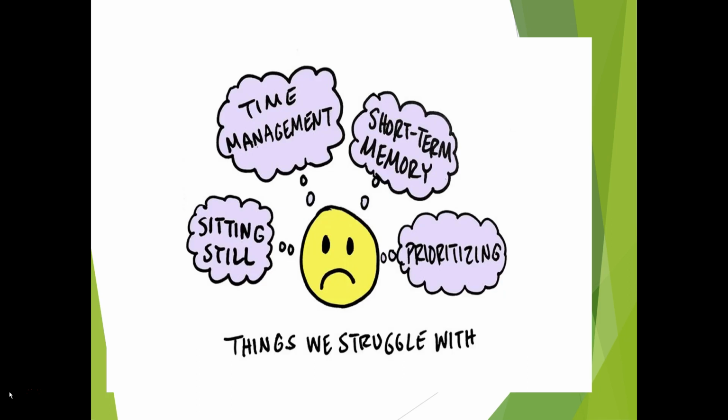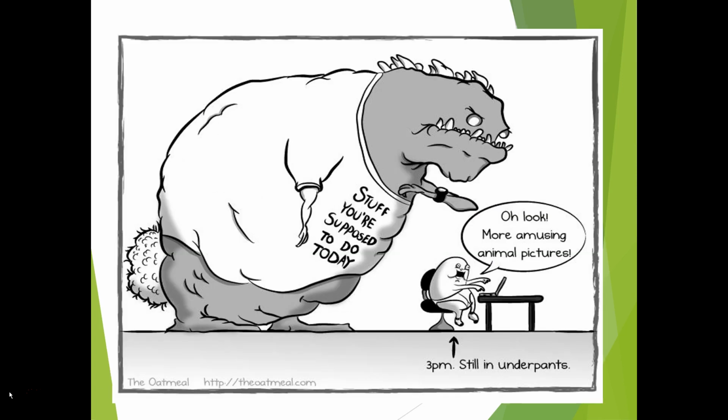Here's another comic strip showing what things we struggle with: time management, sitting still, short-term memory, prioritizing. It's a little capsulization of what is going on. And this one is really interesting. There's a huge, enormous monster or dinosaur of stuff you're supposed to do today, looming over this tiny little person, and it says, oh look, more amusing animal pictures.